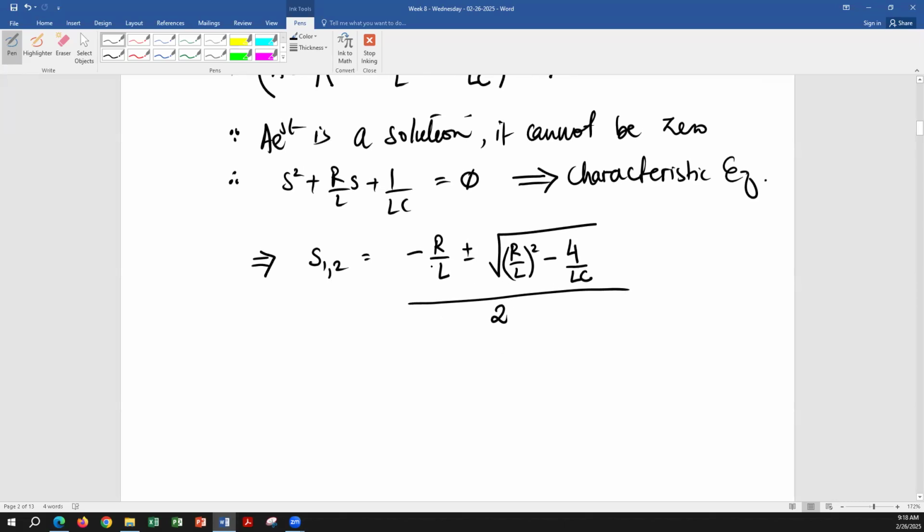And we're going to take this 2 into the denominator. It becomes negative R over 2L plus minus, when this 2 goes under the square root, it becomes 4. So (R over 2L) squared. And then this 4 is going to cancel out this 4 when I take the 2 under the square root for the last term, which will leave the last term to be 1 over LC.